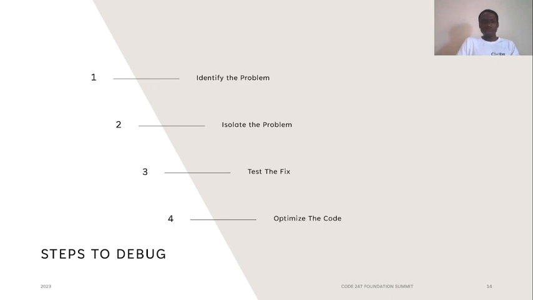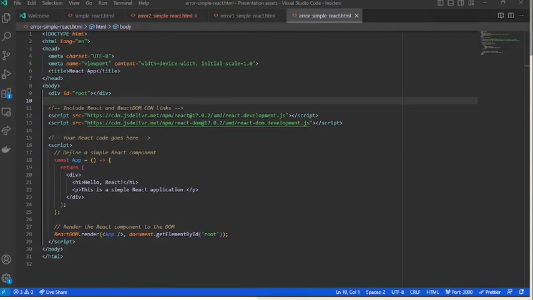So I'm taking you to my editor now, so you can see what we have to do. Okay, so we are here. This is my VS Code, and I've set up a very simple web application.